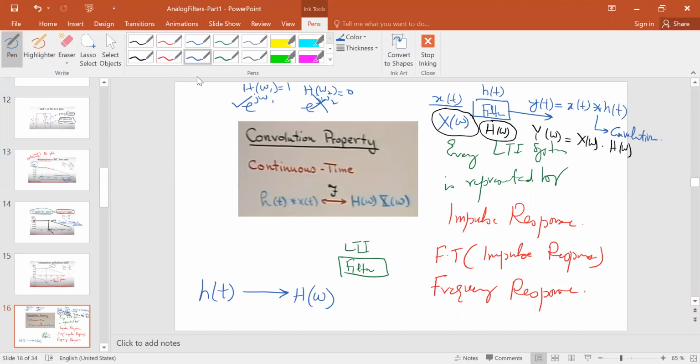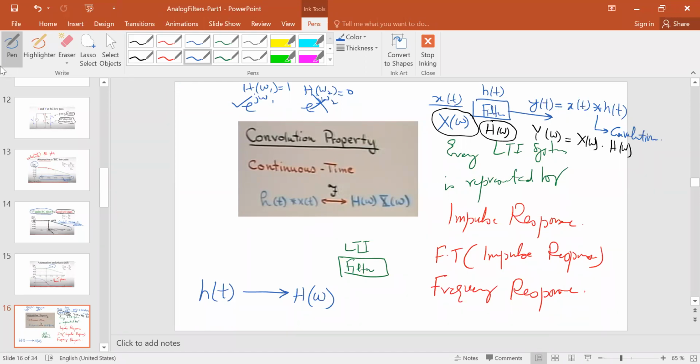The omega 1 component of x will be multiplied with the frequency response at omega 1, then the omega 2 component of the input signal x will be multiplied with the frequency response at omega 2. It clearly gives you an idea that as a result of this multiplication, some frequencies will be passed and other frequencies will be completely attenuated.